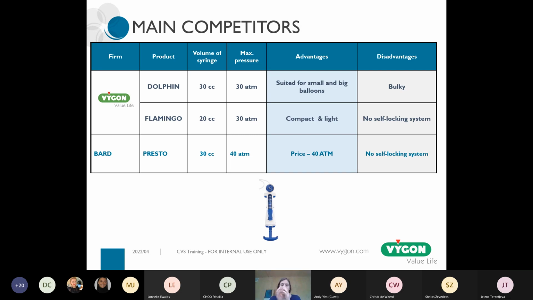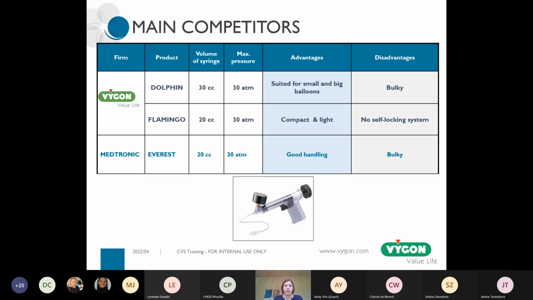So I think I can remove the price, because it's very different between countries. The advantage is it is 40 atm, and the disadvantage is that there is no self-locking system. And you have the Everest from Medtronic. This is the competitor for Flamingo. You have a good handling. It is like a gun, but it is very bulky.